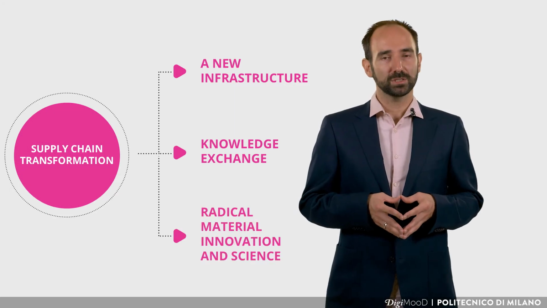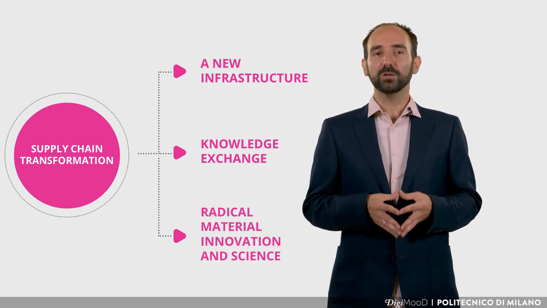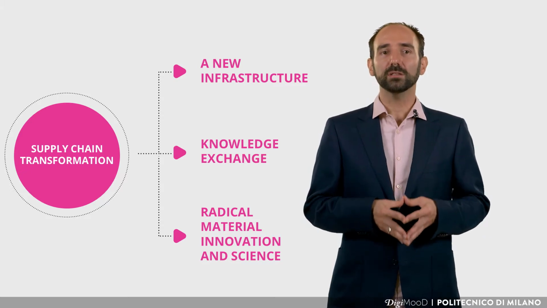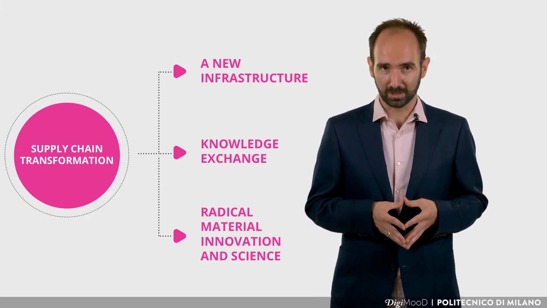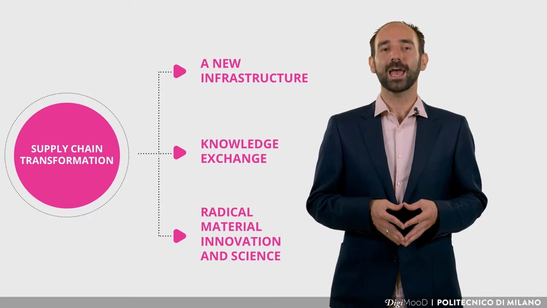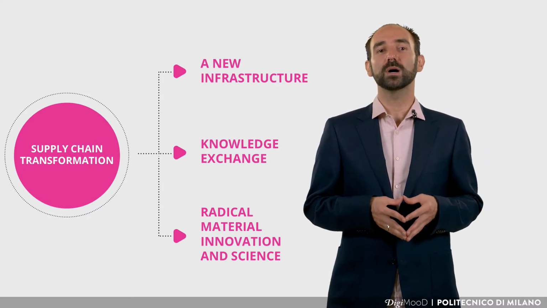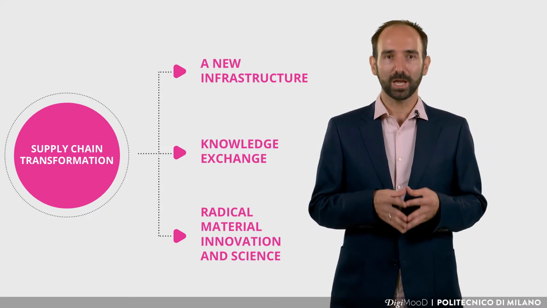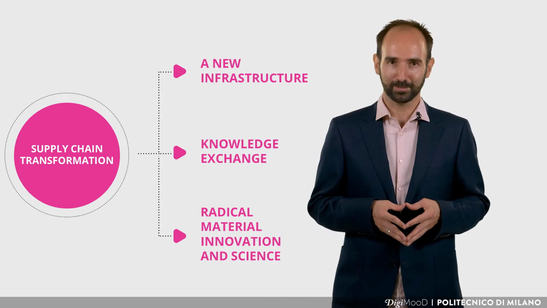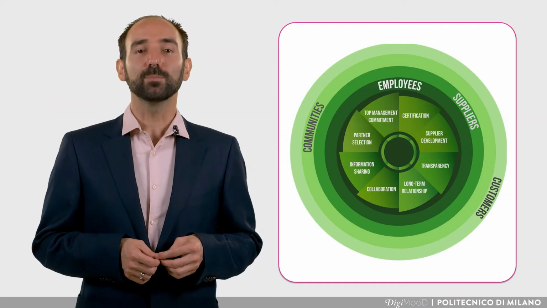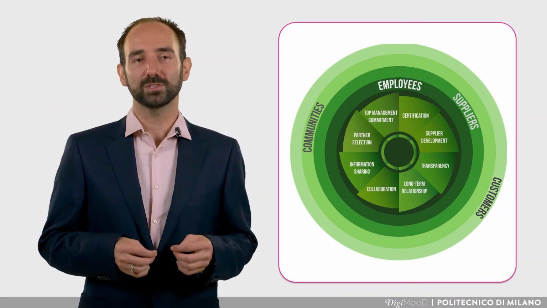Radical material innovation and science must be combined with radical innovation in production processes, for which technical and financial resources must be developed and deployed across fashion supply chains. Supply chain integration is fundamental.